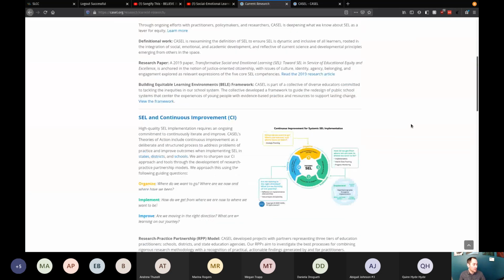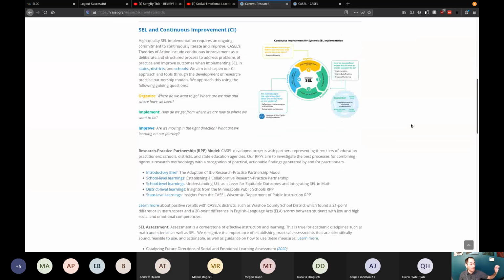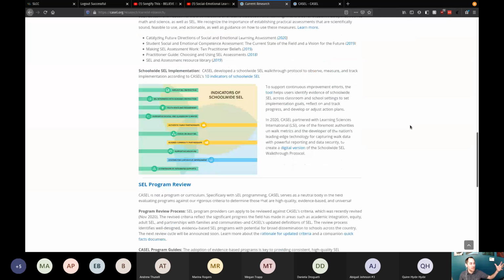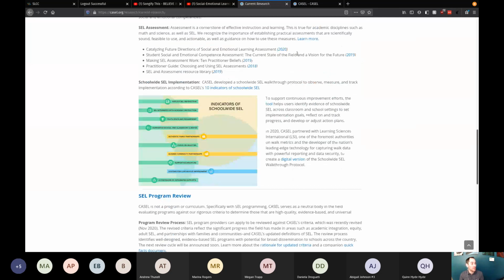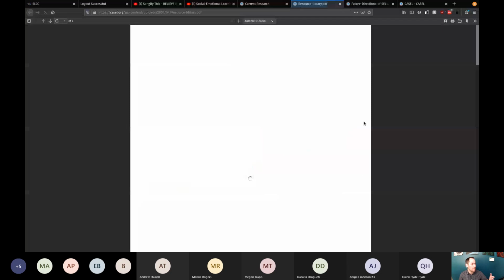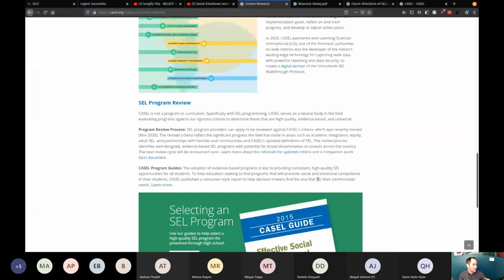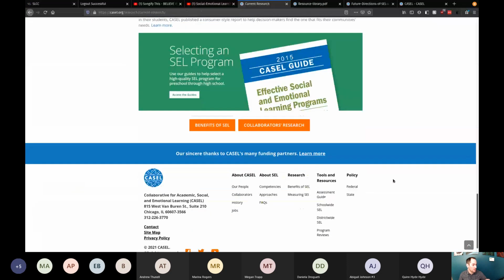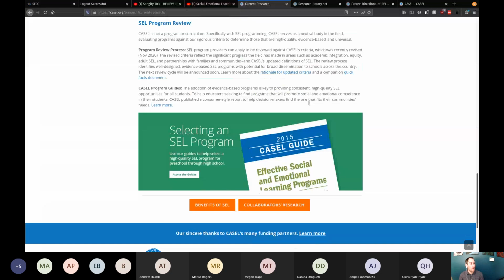You can go to specific topics. They do a good job at putting it in ways that are pretty understandable, but they also have links to actual research. So you can go here. Here's their own summary report. Some of these are going to link to full text research articles. I'm hoping one of these that I click is going to be one of those. But you can find that here as well.